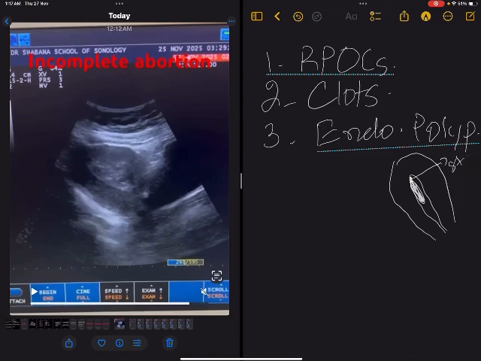There is a stalk of this polyp, and this stalk always shows vascularity. And it's quite obvious if it's a case of endometrial polyp.